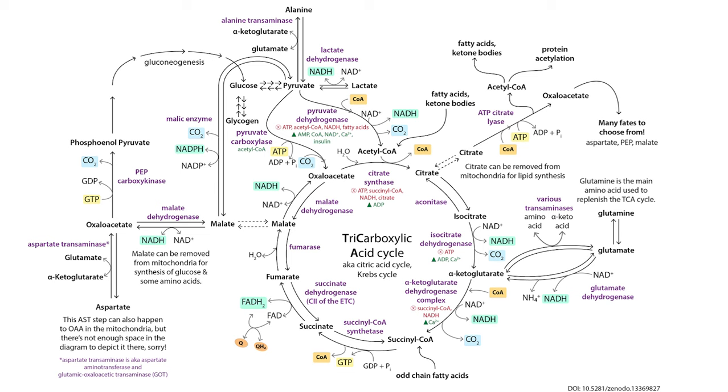This is all setting the scene for talking in more detail about the regulation of this pathway and some of these anaplerotic reactions, as well as how we can use components of this pathway for various purposes. So, tricarboxylic acid cycle, citric acid cycle, Krebs cycle, whatever you want to call it, as long as you love it, all's good.